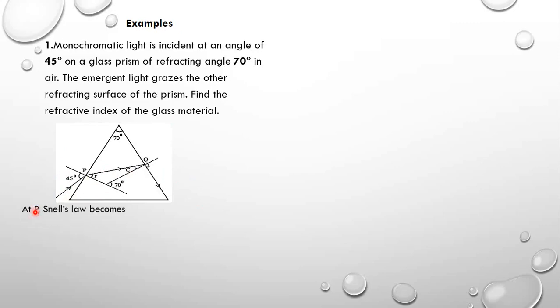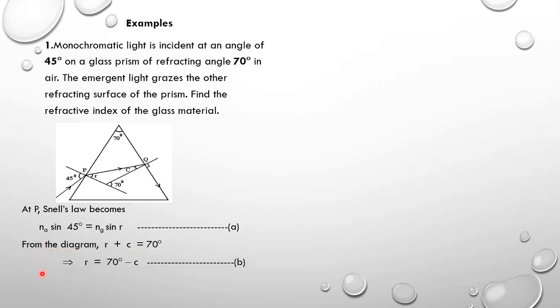So we shall apply Snell's law at P, and then we shall have N_air sine 45 is equal to N_glass sine R. N_air is 1, and R is going to be 70 minus C. So we shall work from first principles, and then we shall have N_air as 1, and our sine of 45 being equal to N_g sine of 70 minus C, because we are replacing for R in this equation here.